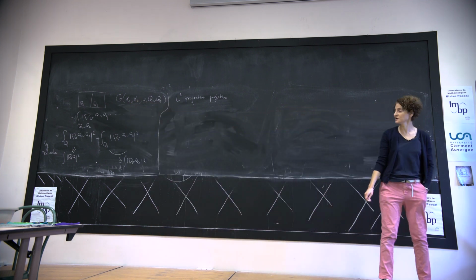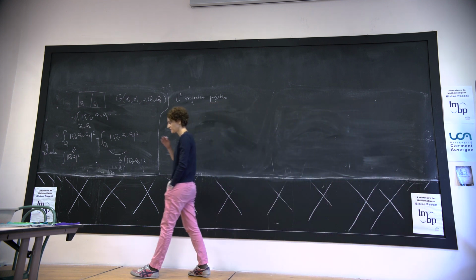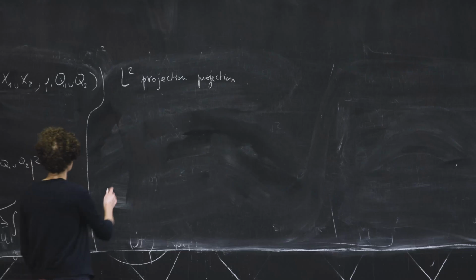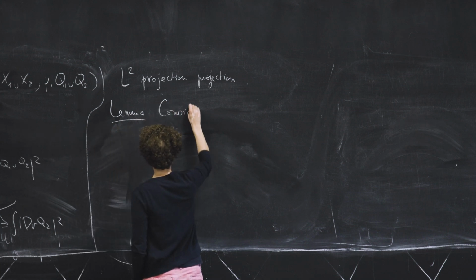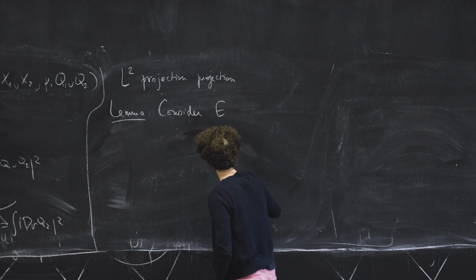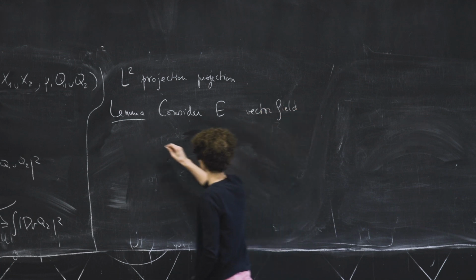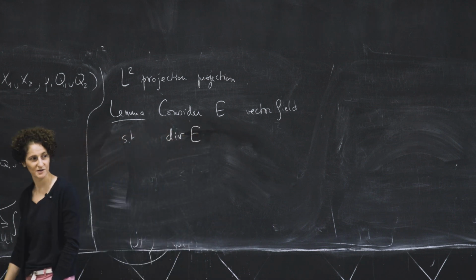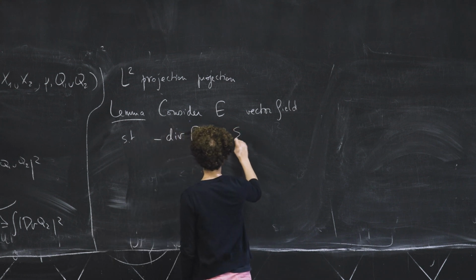It's going to be interesting to consider not only solutions to Laplacian equals a right-hand side, but to consider vector fields. We're going to consider vector fields. So think of E like grad H, but not necessarily. And so we think of it as grad H, so then it solves minus divergence equals a certain right-hand side, something like that.